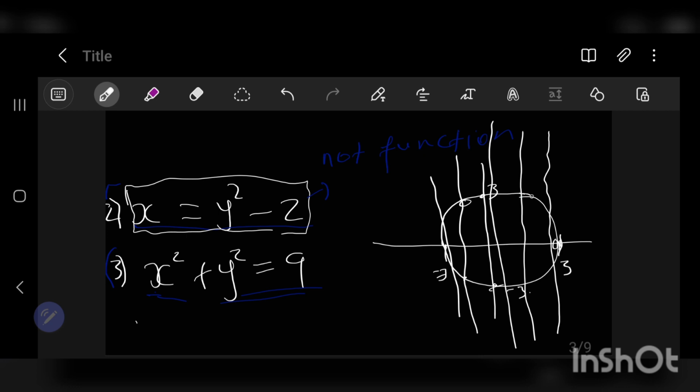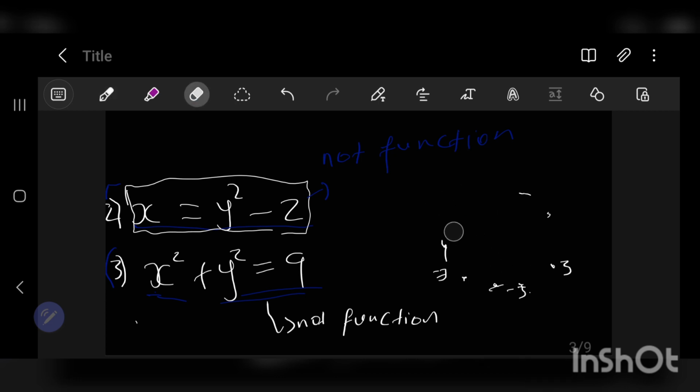The vertical line test touches the graph 2 times. So this makes this function not to be what, people? Not to be a function. I hope now this thing makes sense, people. So make sure you can always watch and try to make sense of this information, people. So this is not what, people? It is not a function based on the vertical line test.